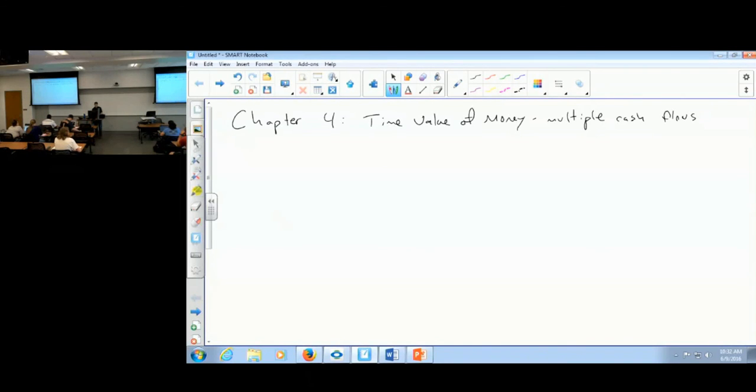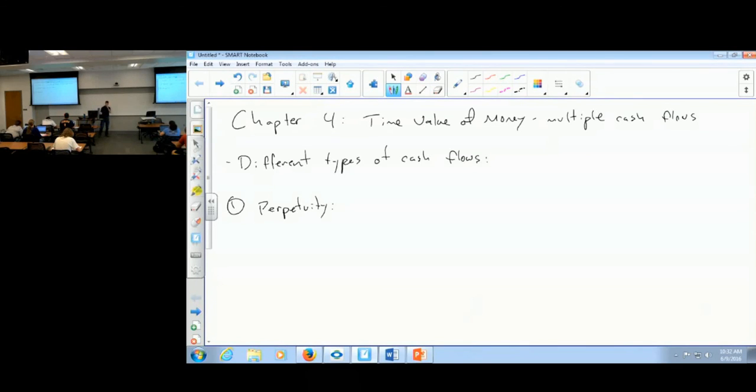All right, the first one we're going to look at, different types of cash flows. The first one we're going to look at is called perpetuity. Really fun name, really simple concept.